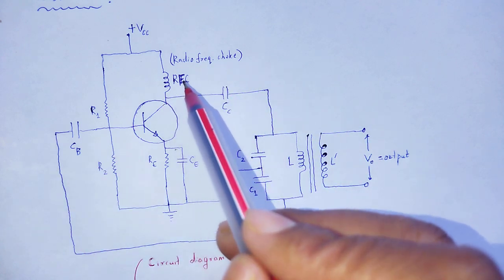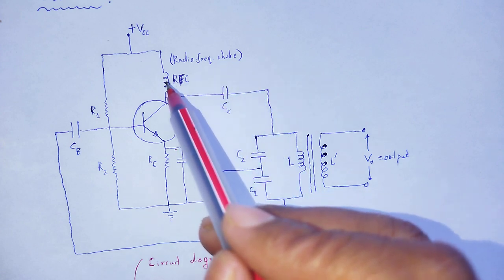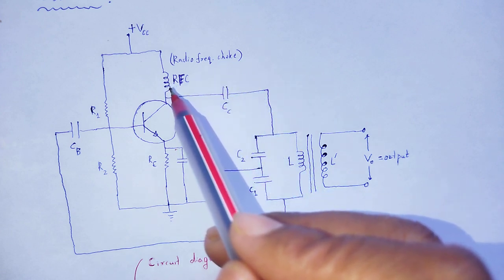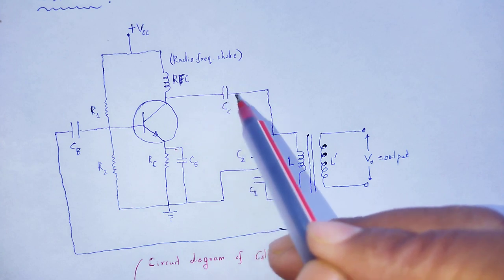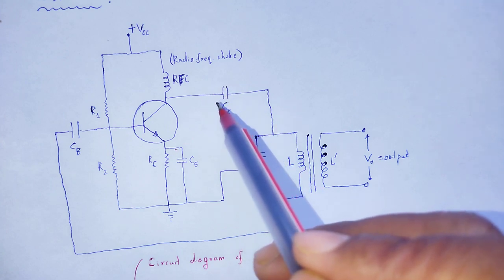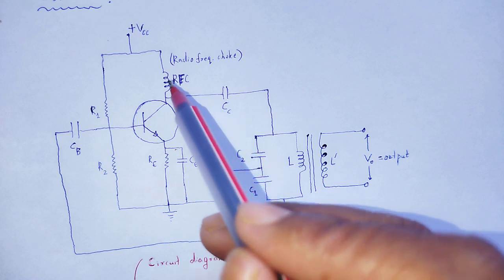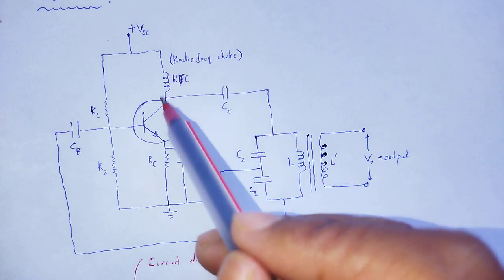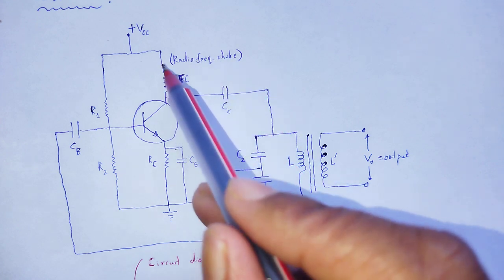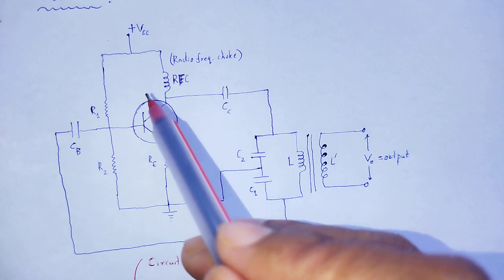Then at collector, radio frequency choke. The action of radio frequency choke is just opposite to the action of a capacitor. A capacitor allows AC through it and obstructs DC, whereas radio frequency choke allows DC through it and obstructs AC.